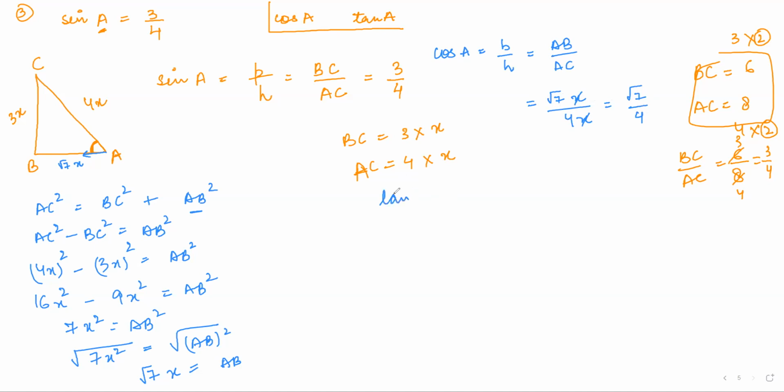Now tan of A is perpendicular upon base, right? Perpendicular this time will be BC, base will be AB. BC means 3x, AB means root 7x. So x again cancels out. This is 3 by root 7.